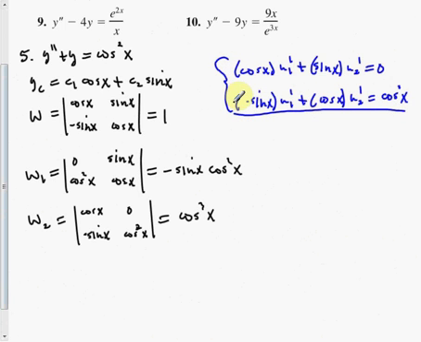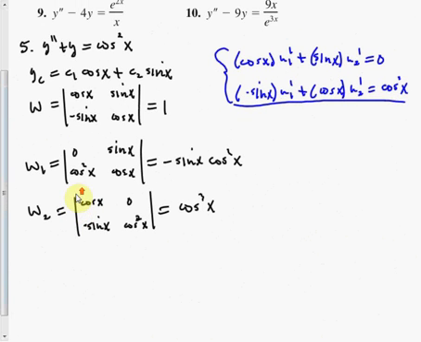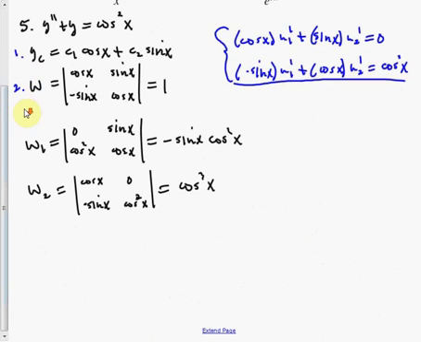So that's the system by which we built the so-called Wronskian. So this is step 1, step 2, 3.